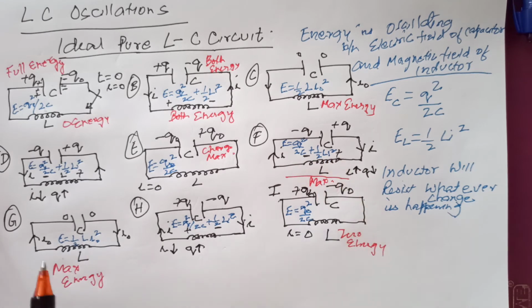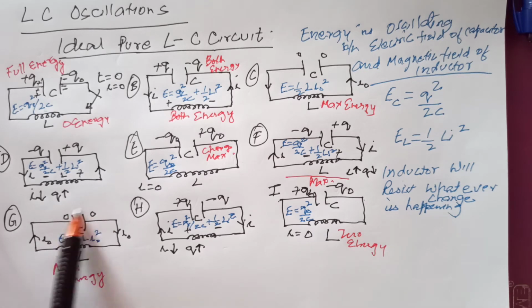After some time, the charges again become zero and the entire charge translates into current through the inductor. So the maximum energy is in the inductor, and the energy of the capacitor is zero because the charges are zero. The total energy of the system is E = ½Li².